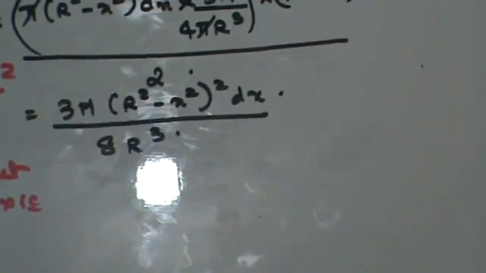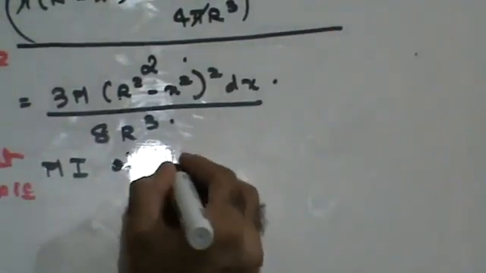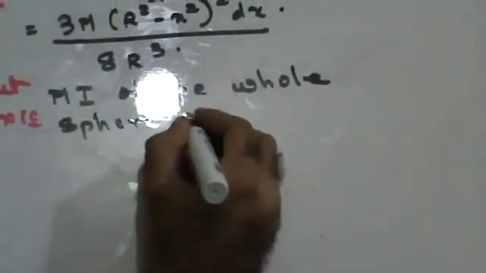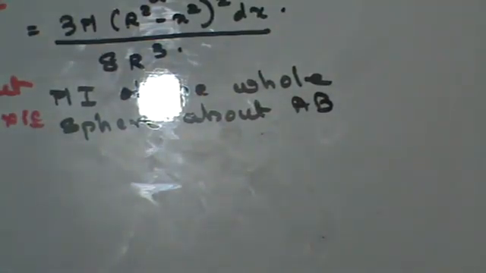Right? So once I know the moment of inertia of the slice about an axis passing through its center, then I can say that the moment of inertia of the whole sphere about AB can be obtained by integrating the above expression, because the whole sphere can be considered to be made up of multiple slices joined together.